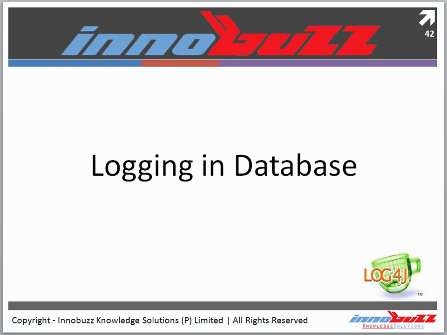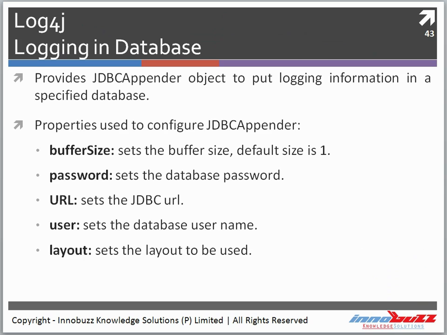Logging in the database. So far, we have seen how to log the events on the console and in several files as well. Also, you can log the events in a database, and that's using the JDBC appender.